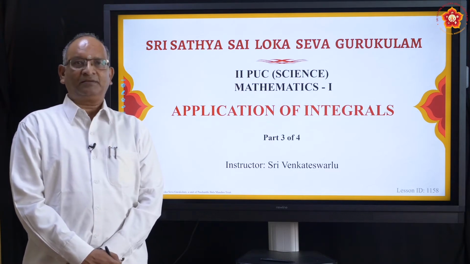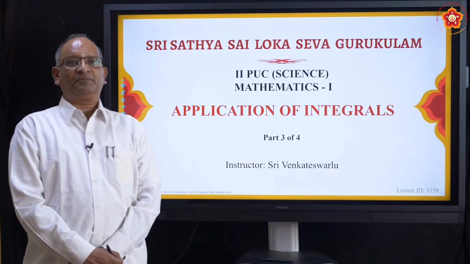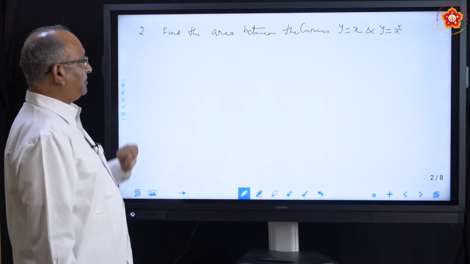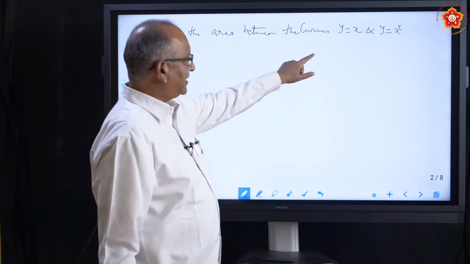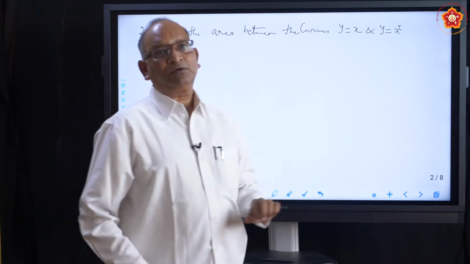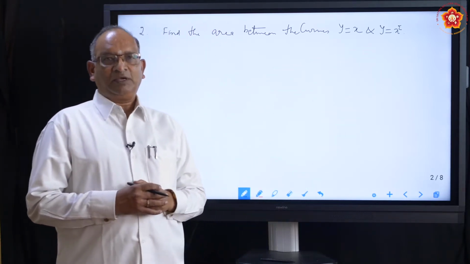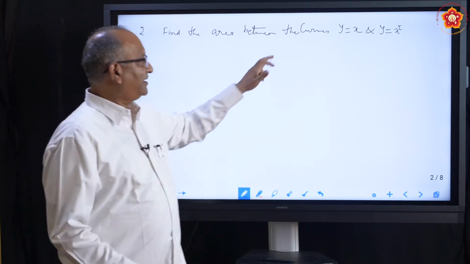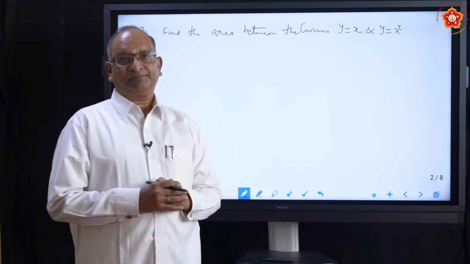Let us begin this session with the second problem of the exercise. The problem is, find the area between the curves y equal to x and y equal to x square. This is a very simple problem for a simple reason that y equal to x is a straight line.